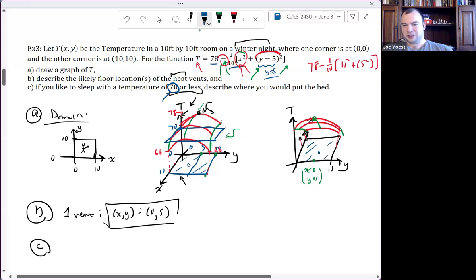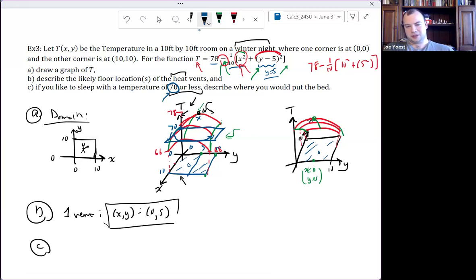I see that this plane is going to intersect this surface something like this. So in these corners, I'm going to be good. In the middle here, I'm not going to be good. That temperature is going to be too high. That's above the plane in the middle there. What exactly does that intersection of the plane with the surface look like?